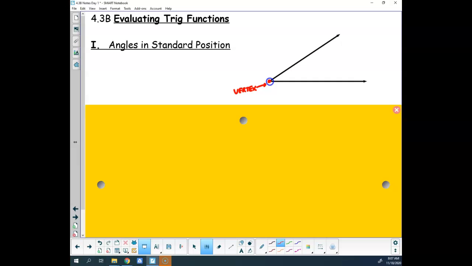Then there are 2 sides to the angle. One side, and it really doesn't matter which one is which, is called the initial side. The other is called the terminal side.